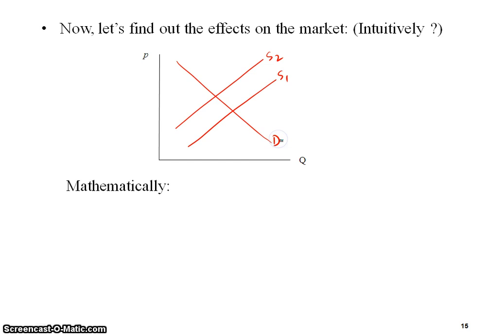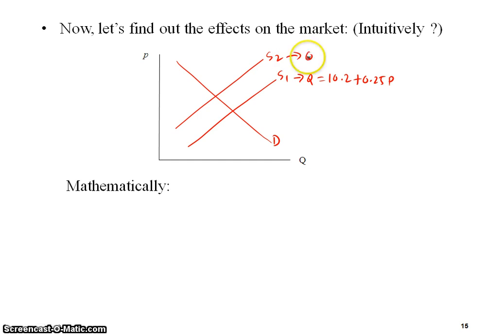This is the demand. Okay, the old supply curve is given by Q equal to 10.2 plus 0.25p.